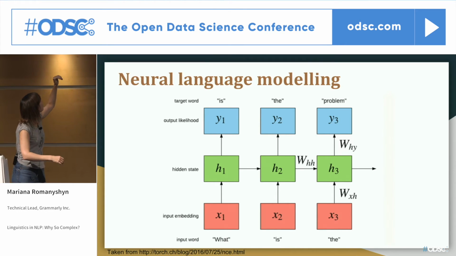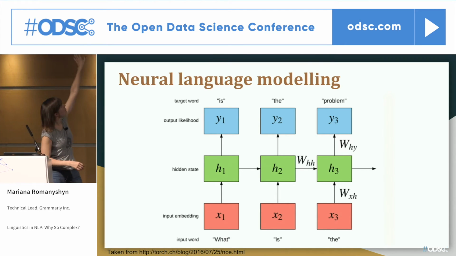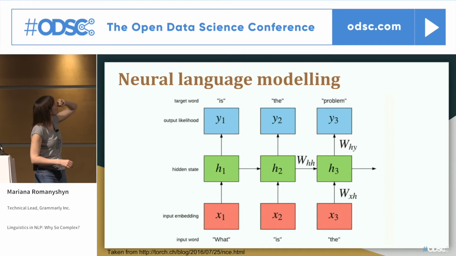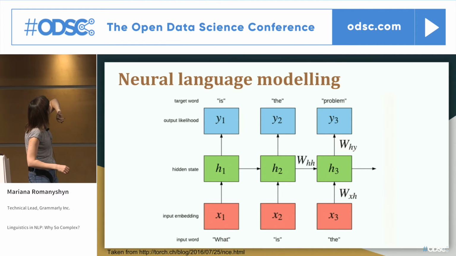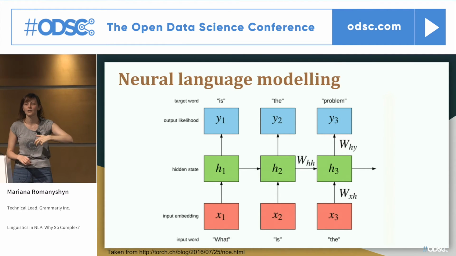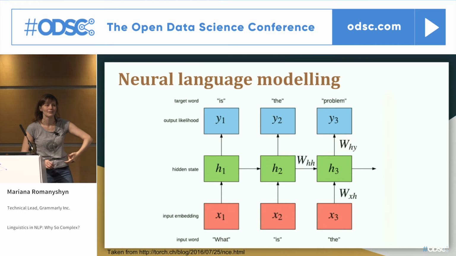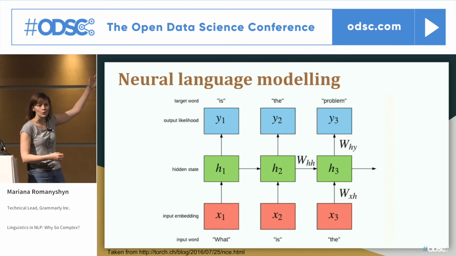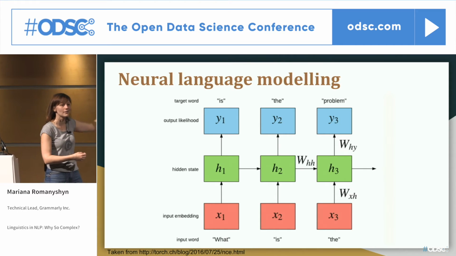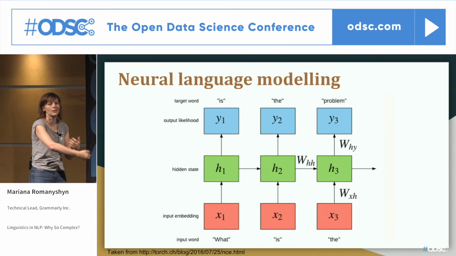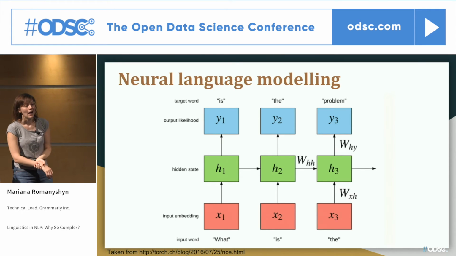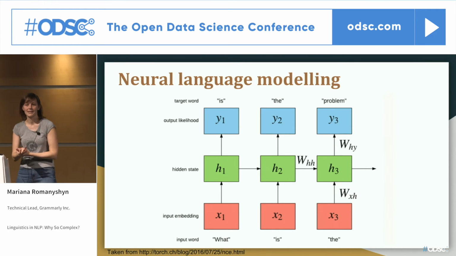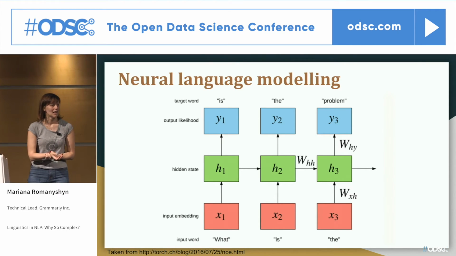So you have parameters from input to hidden, and you have parameters from hidden to hidden, right? And then at the output layer, you have to maximize the likelihood of the next word. So you have your sentence, right? And you just maximize the likelihood that the model will predict the word that you actually have in your sentence.